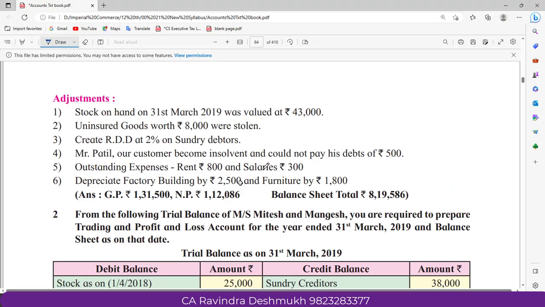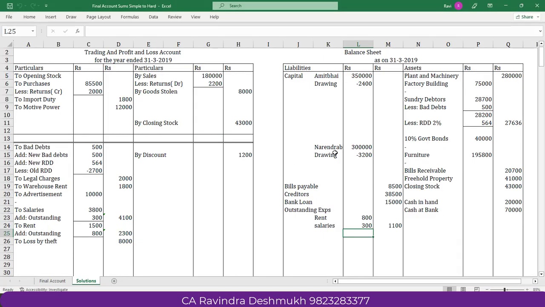Coming to the next one: depreciate factory building 2500 and furniture 1800. The depreciation effect is less from assets, less depreciation, which is given as factory building 2500. This amount is given by them in the problem, so subtracting it here, and the second effect will be given on the debit side of P&L as depreciation. This depreciation on building is written, so that is the second effect.